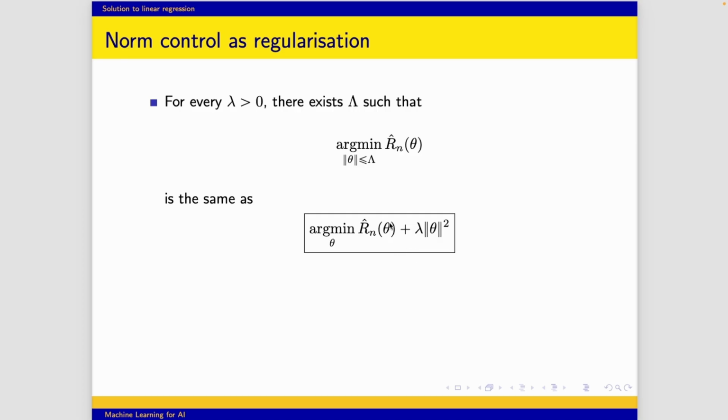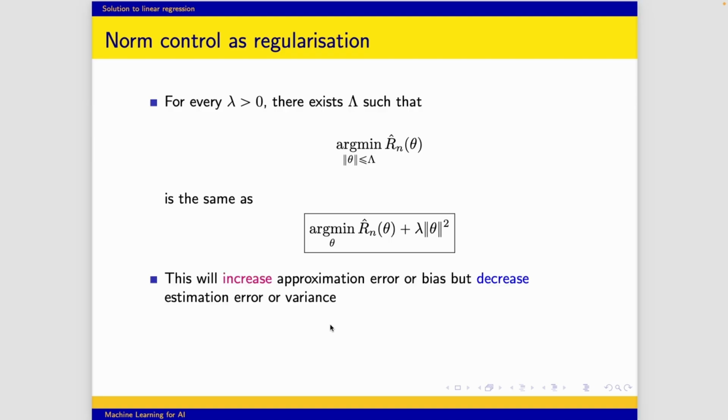So for each positive lambda, there will be some capital lambda such that this problem is equivalent to this problem. And this is the form in which we normally see these penalized norm control empirical risk minimization formulations. And we're going to take a look at some particular examples. And when it comes to linear regression, the two main ones are ridge and lasso, and those are the two that we're going to focus on.